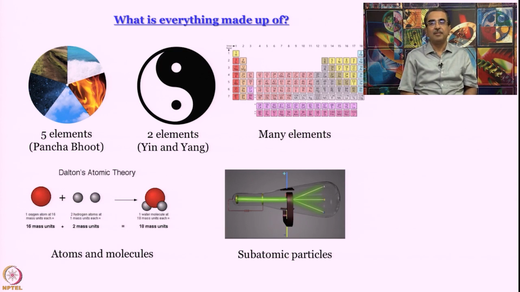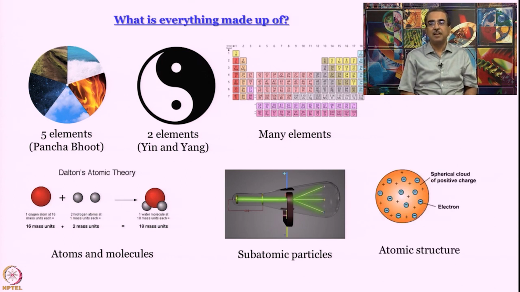Again, many attempts were made to answer this question. One of them that had some prominence was Thomson's plum pudding model, where it was believed that the positive charge is delocalized over the atom and the negative charge is embedded in this spherical cloud of positive charges.